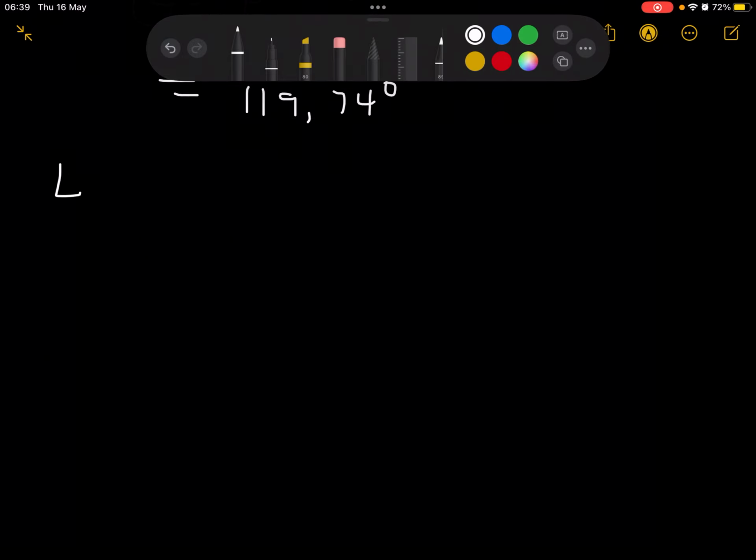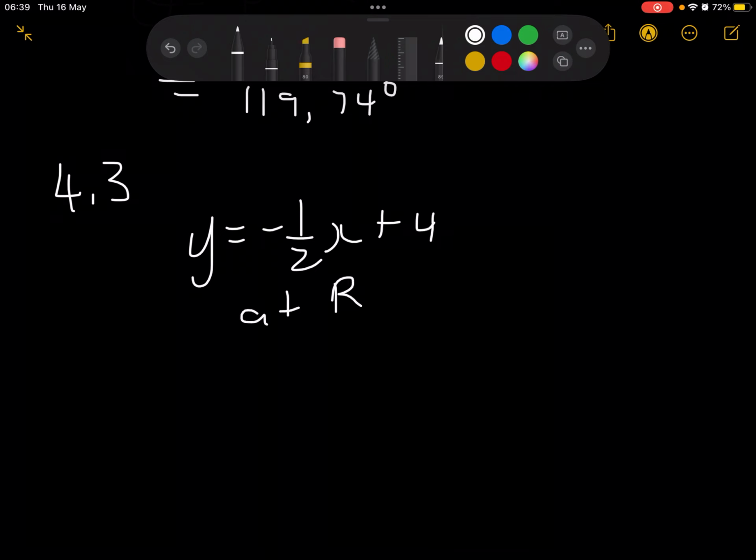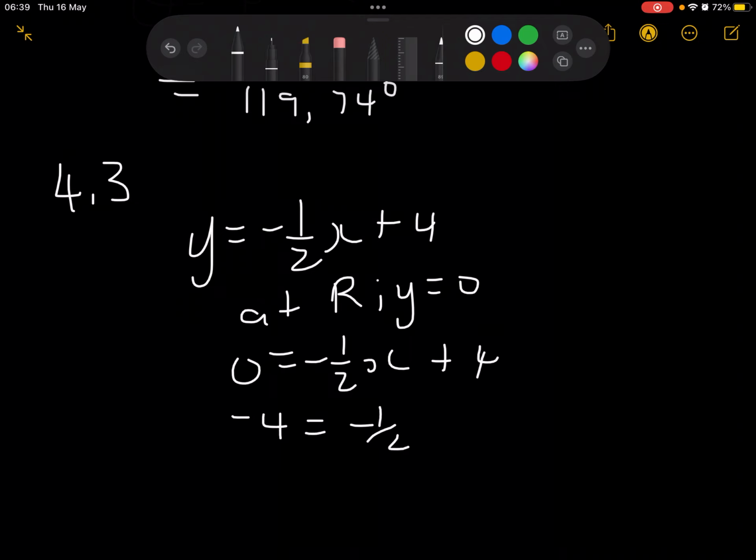So in 4.3, we start at y is equal to minus half x plus 4, and at R, y is equal to 0. So 0 is equal to negative half x plus 4. Negative 4 is equal to negative half x.